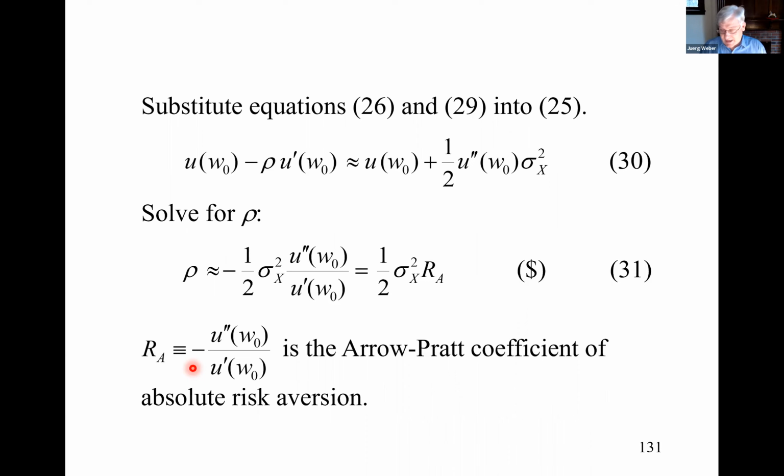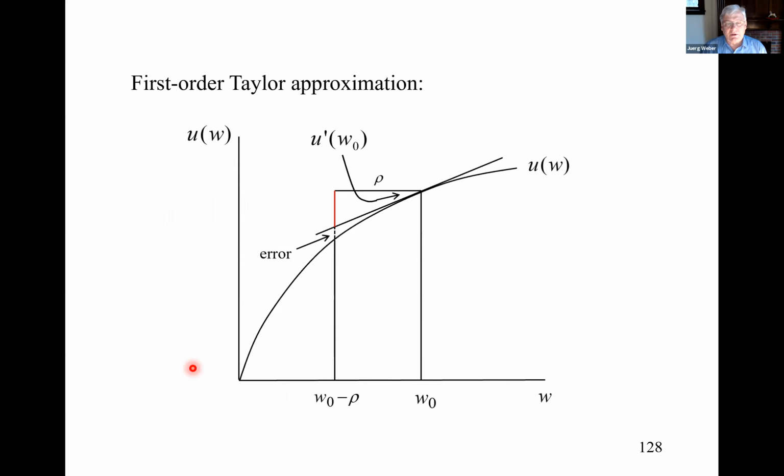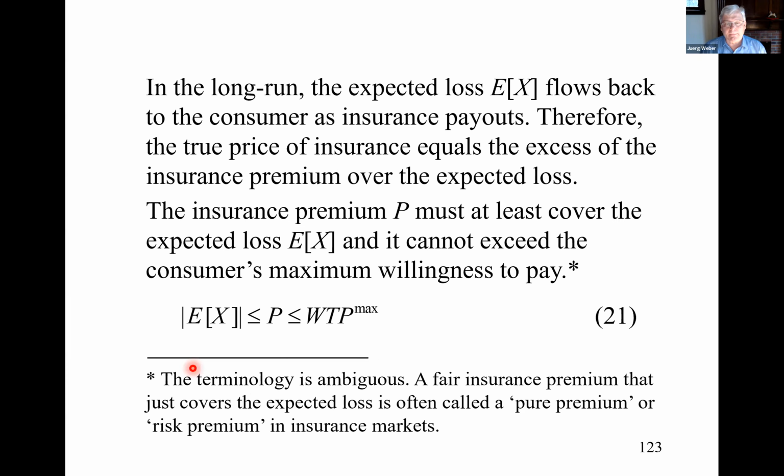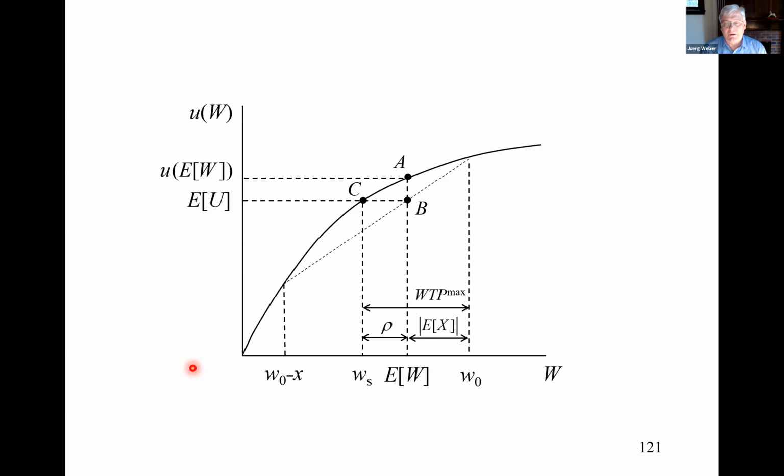What we have calculated here is the approximation of the rho. Here you get the rho exactly. If you know the shape of this function, you can calculate the rho exactly.